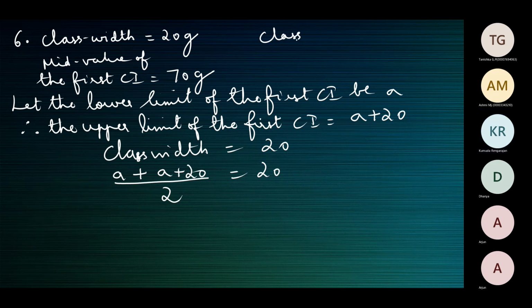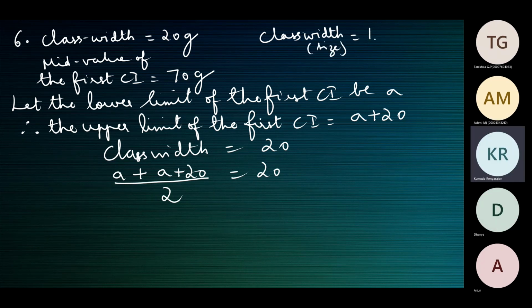Class width or class size is equal to the lower limit of the class interval plus the upper limit of the class interval by 2. So A is the lower class limit, A plus 20 is the upper class limit, by 2 is equal to the class width, which is 20. So you get 2A plus 20 is equal to 40.